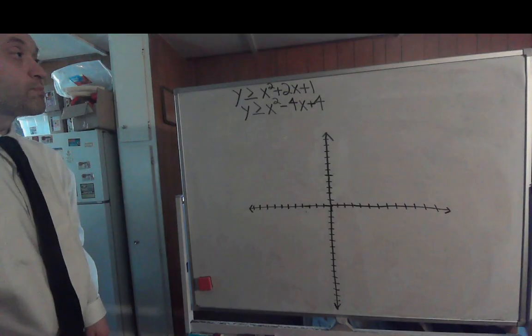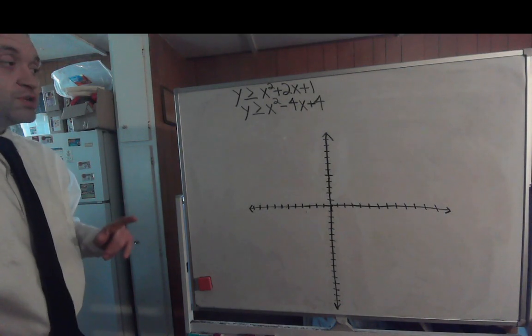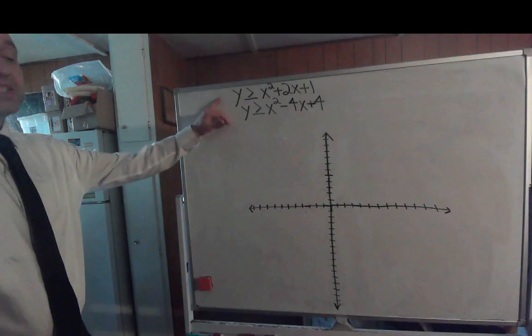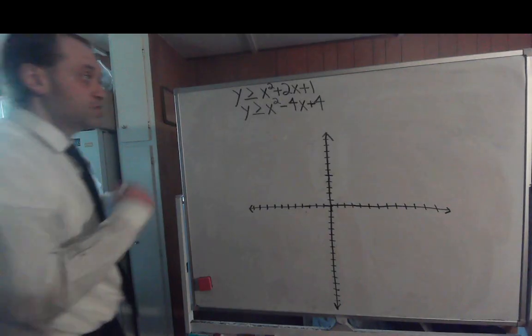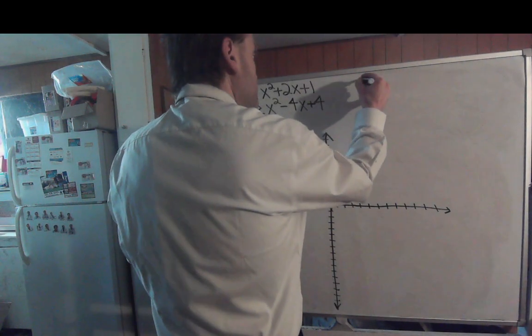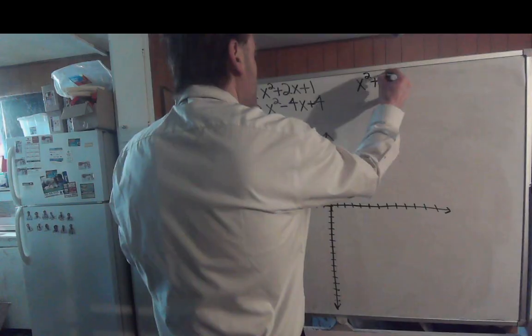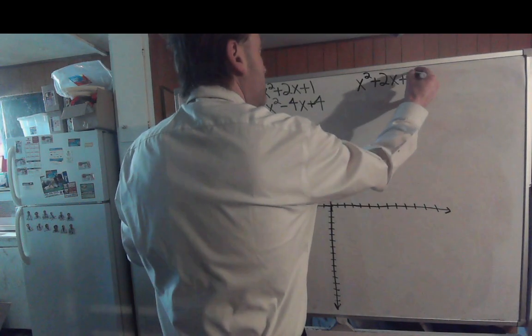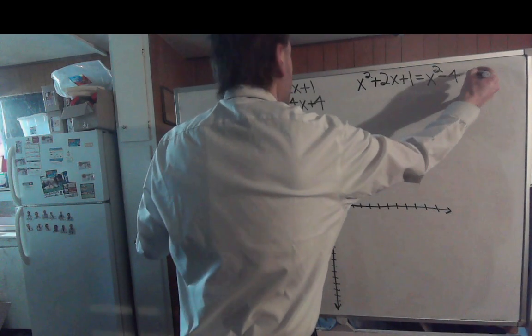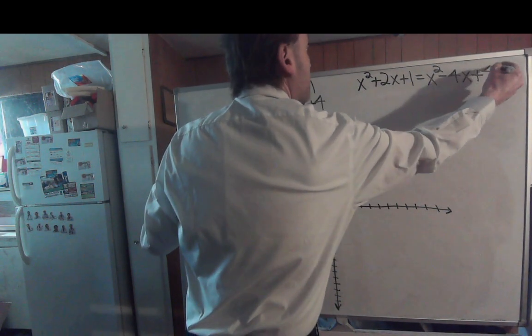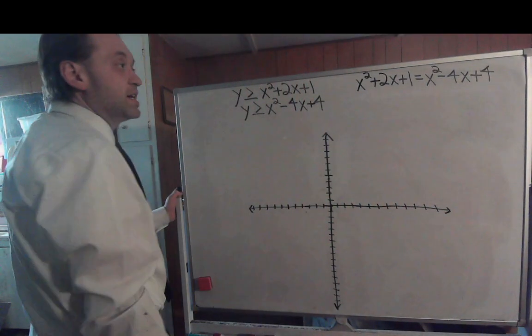Well, first thing I would do, treat this like a system of equations. Find any points of potential intersection. So x squared plus 2x plus 1 you'll set equal to x squared minus 4x plus 4. This will really help you get any potential points of intersection.